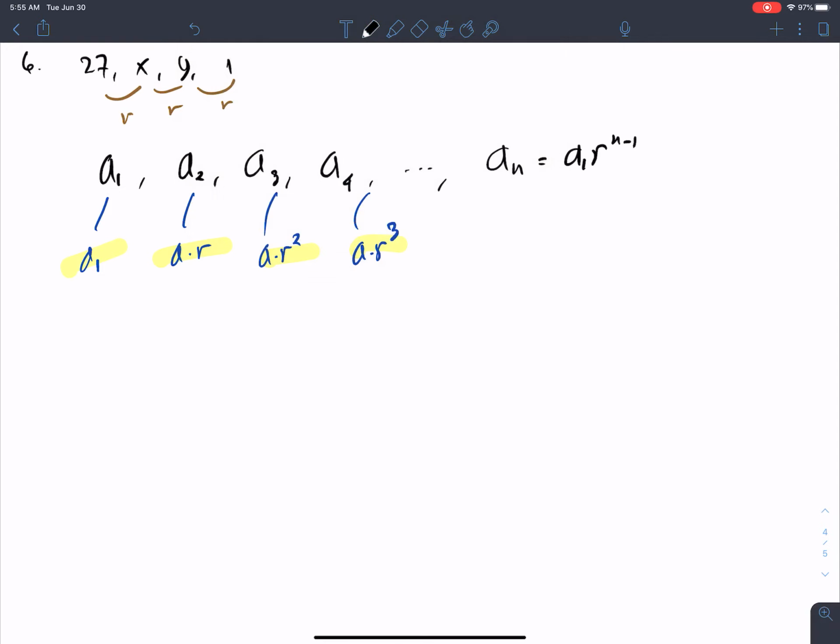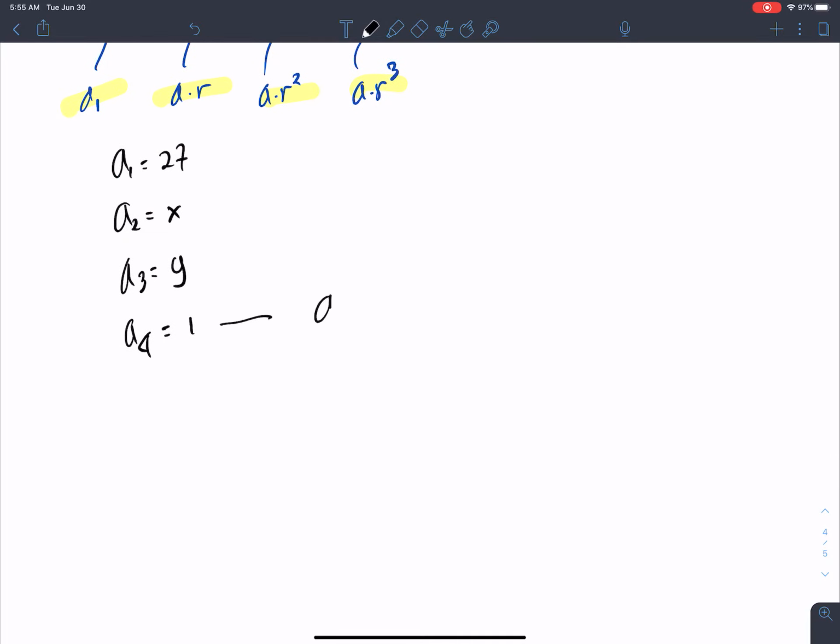Since we are given a1 is 27, a2 is x, the one we would like to find out, a3 is y, and a4 is 1. We know that a4 is a times r to the power of 3, which is 1. Our a1 is 27, so 27 times r cubed equals 1.